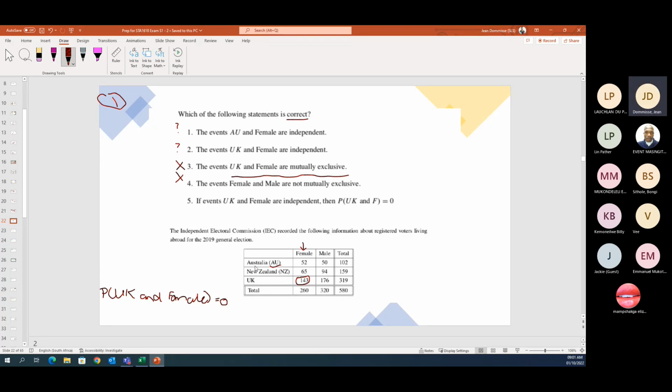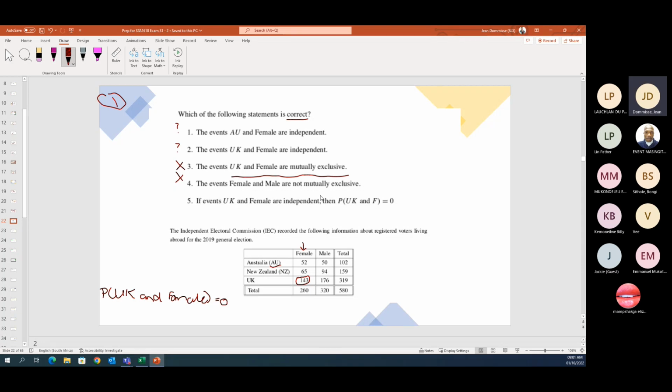It is the same if we ask about staying in UK, New Zealand, or Australia: you can't be in two countries at the same time. They could have asked it the other way around, to say the events Australia and New Zealand are not mutually exclusive.